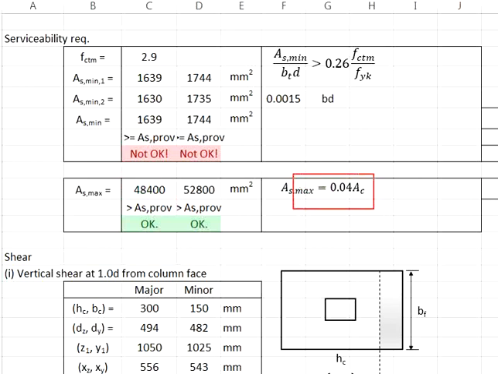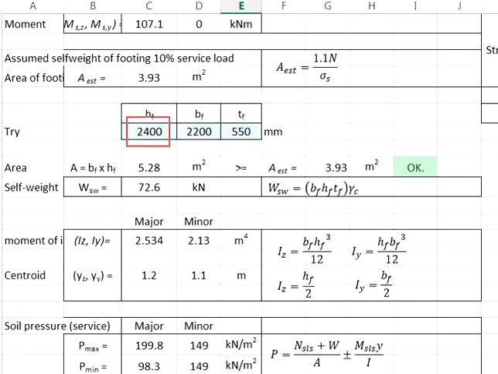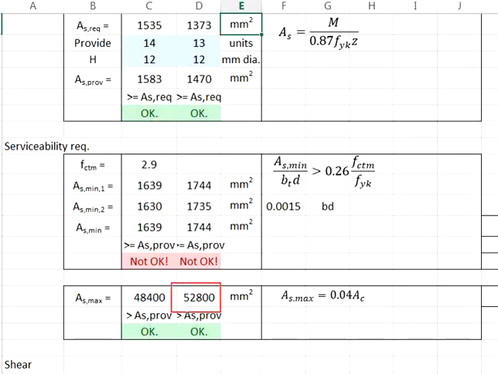As for the As maximum in the minor axis, your reinforcement bar will be in these directions. The cross-sectional area will be this. That means your Ac is determined by the thickness of the pad footing multiplied by the width here, which is equal to 2.4 meter, giving you another As maximum.